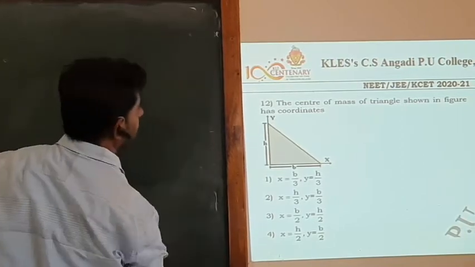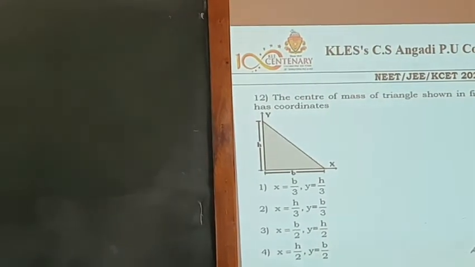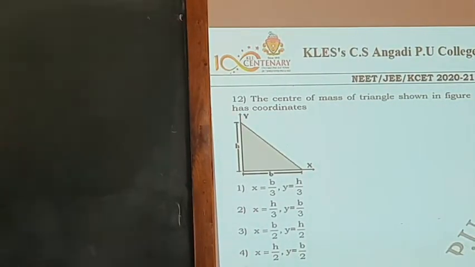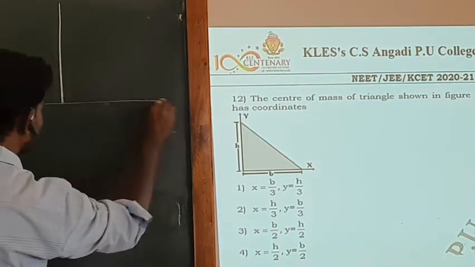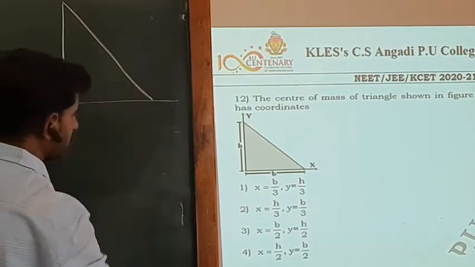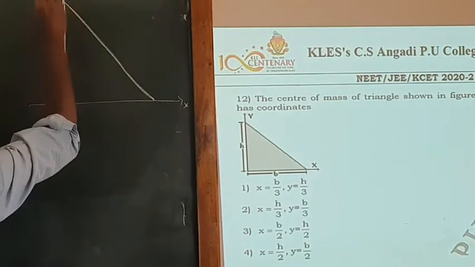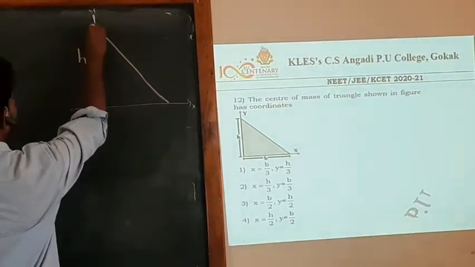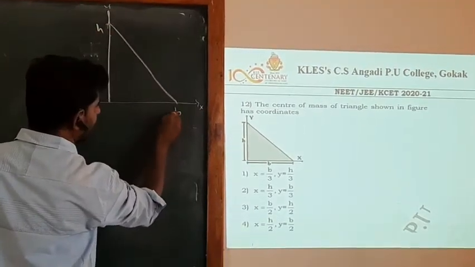The center of mass of a triangle, as shown in the figure, has coordinates... So we should get the coordinates of center of mass. This is the x-axis and this is the y-axis. The distance from here to here is h, and from here to here is b.